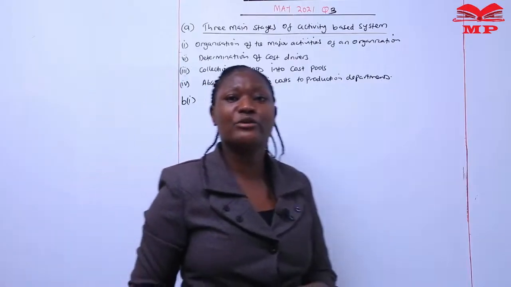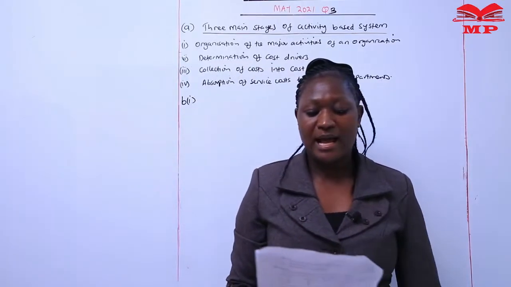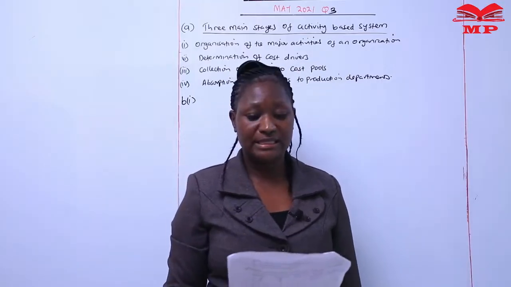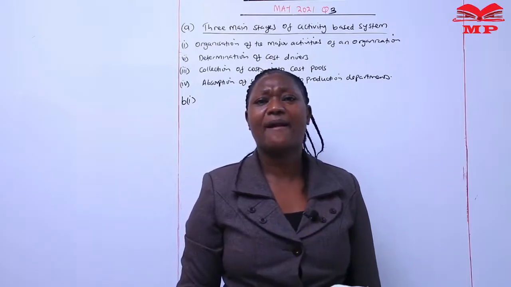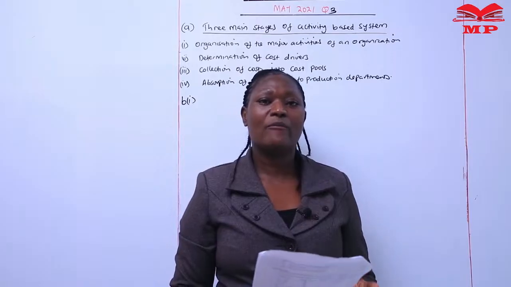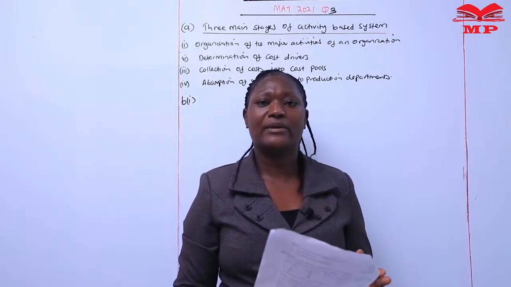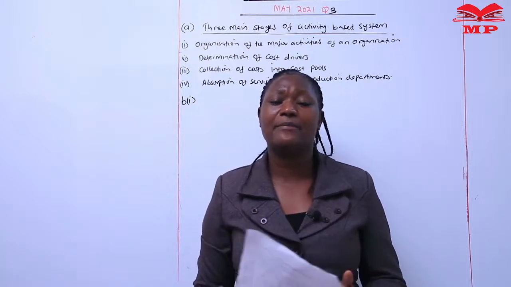Part B of question 3, Roman 1, we are required to apportion overheads using continuous allotment or repeated distribution method. In continuous allotment method, we normally assume that we have service departments and we have production departments.